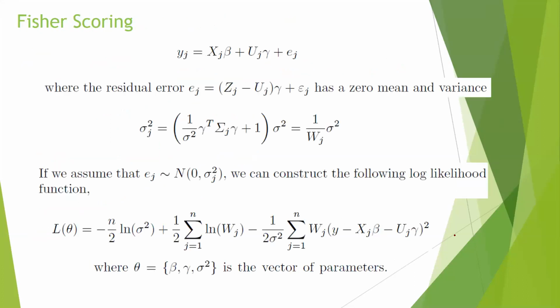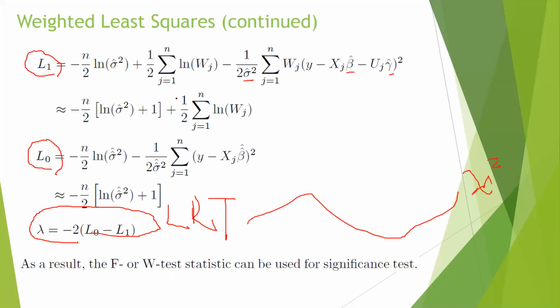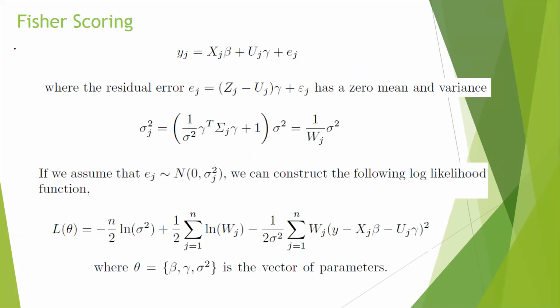Okay. And also we can use the Fisher score, because remember, this is not a complete data problem. This is a missing data problem because we do not observe the genotype for the locus of interest under the test. So this involves a mixture model. We have learned mixture models, right?